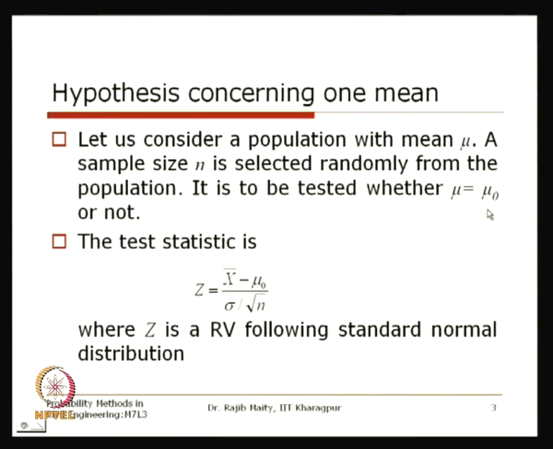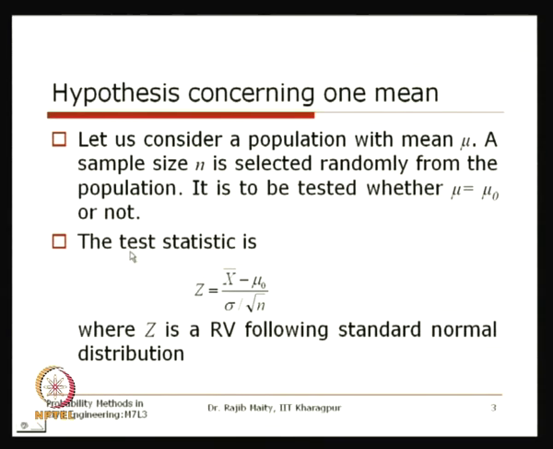Whatever mean we estimate from the sample using the estimation technique we discussed earlier, we test whether probabilistically we can infer something about this specific value, mu naught. That is our goal: to test this population mean.